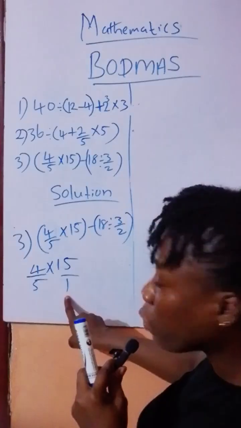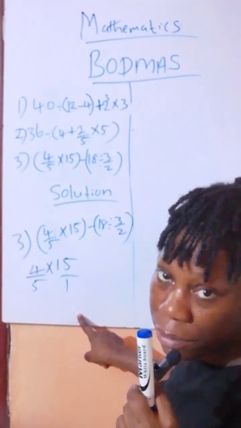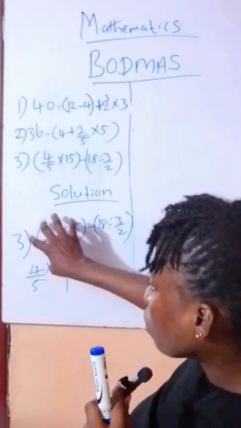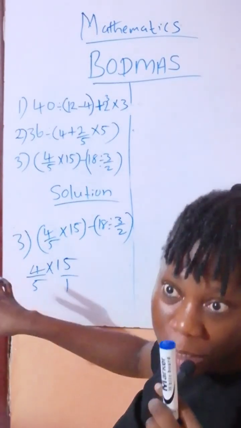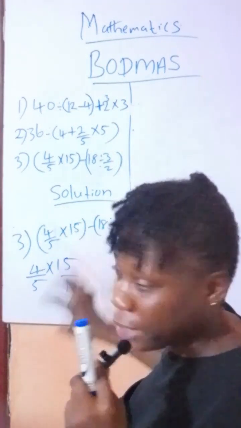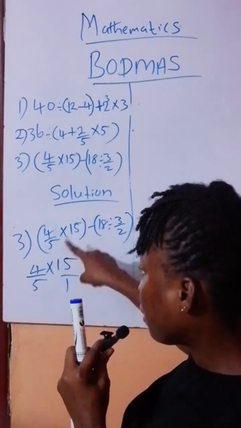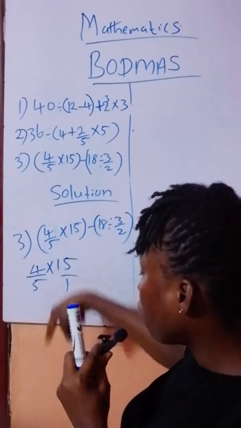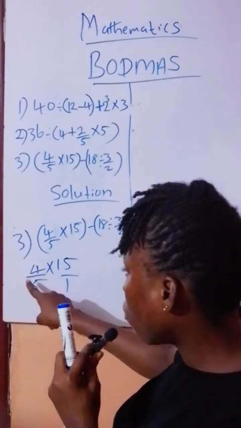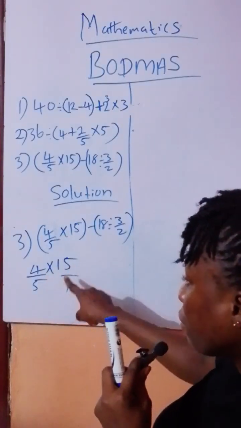I added 1 so that it can be in the same fraction. We are solving the first bracket first, then we solve the second bracket. Our first bracket is 4 over 5 times 15. Then I opened the bracket. I said 4 over 5 times 15 over 1.